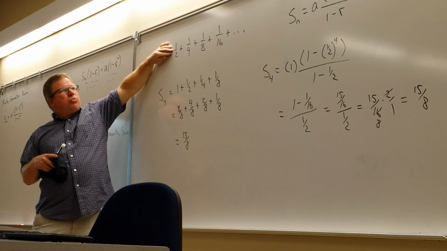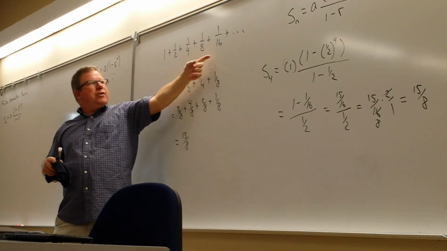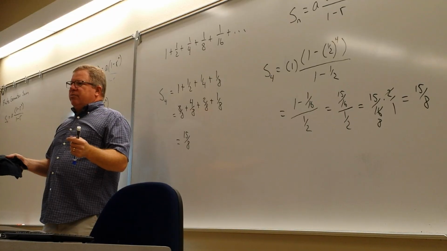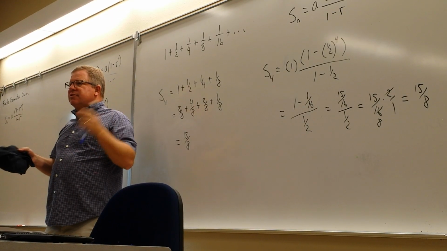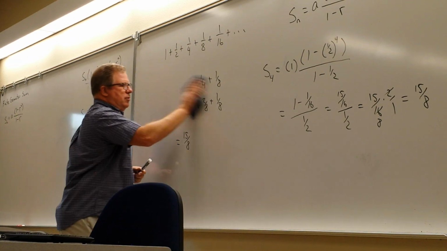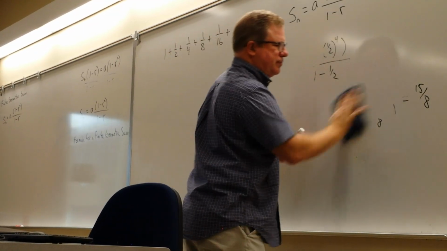The sum of that is 1, and if you add this one, you get 2. So carry this out to infinity, this sum will be 2. Well, what if it's not this nice? What if it's not this simple, intuitive? What are we going to do? That's what we're going to look at next.